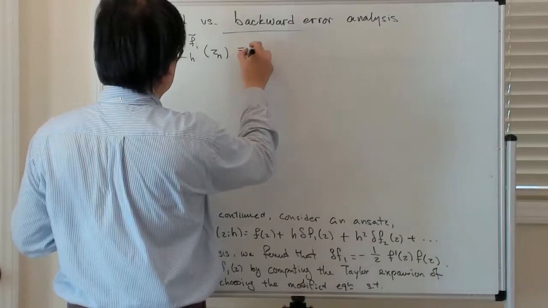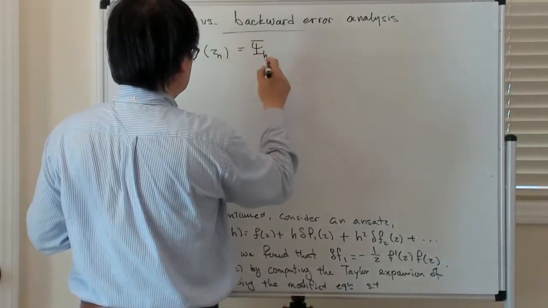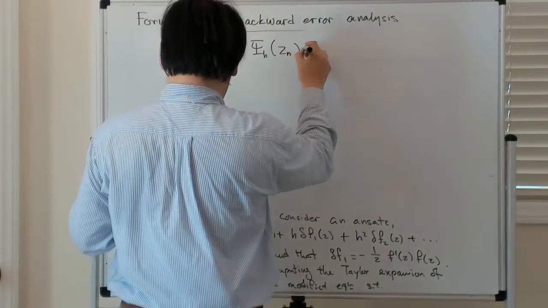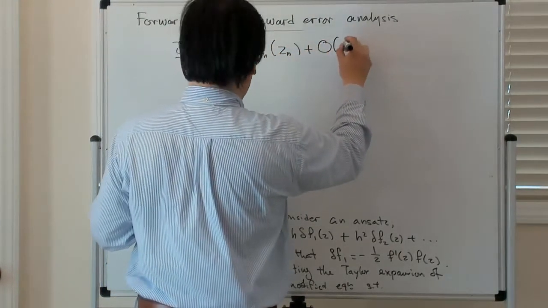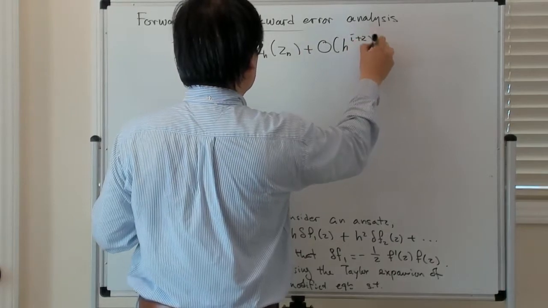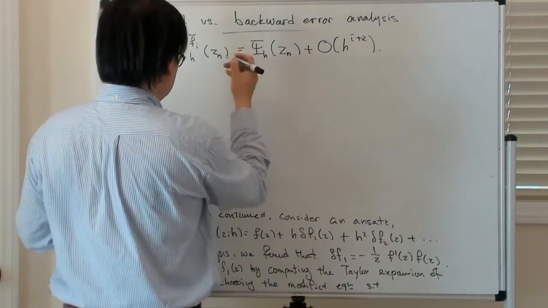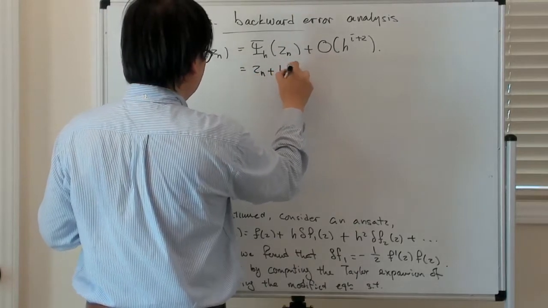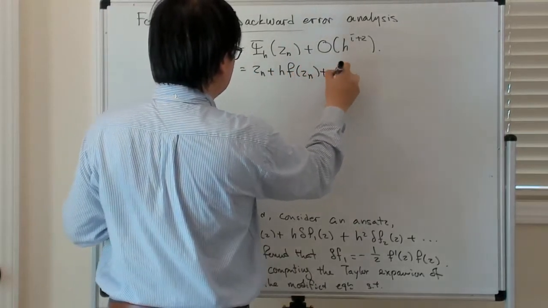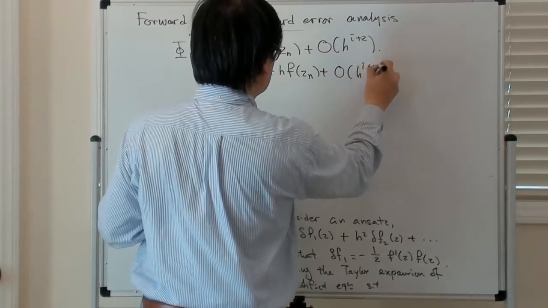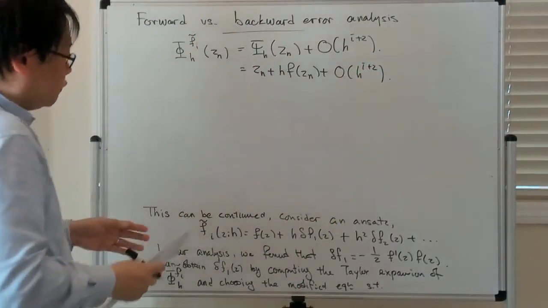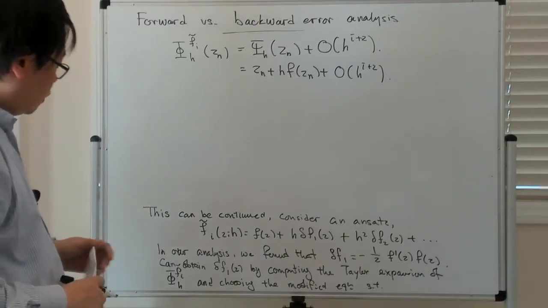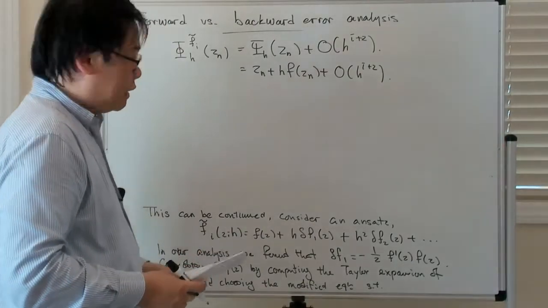So you want this to be equal to the one-step method, the Euler method applied to Zn, plus an error term which looks like big O of h to the I plus 2. So in particular, for forward Euler, this looks like Zn plus h f Zn plus big O of h to the I plus 2. So that's something you can do basically term by term in order to solve for all these delta fi's.